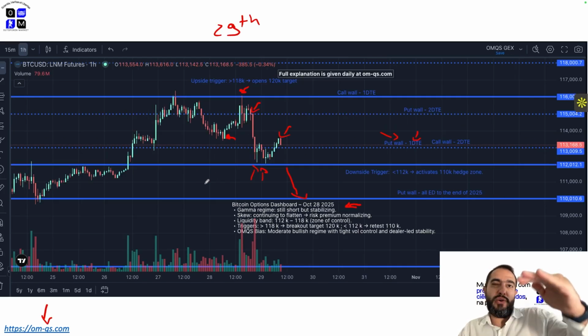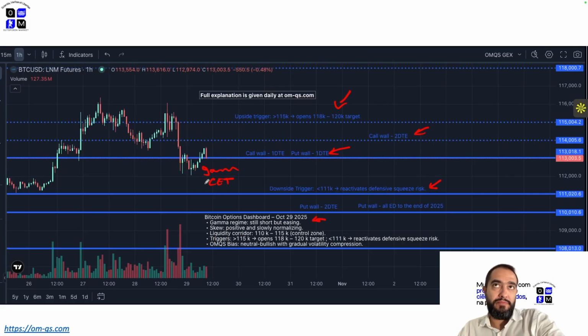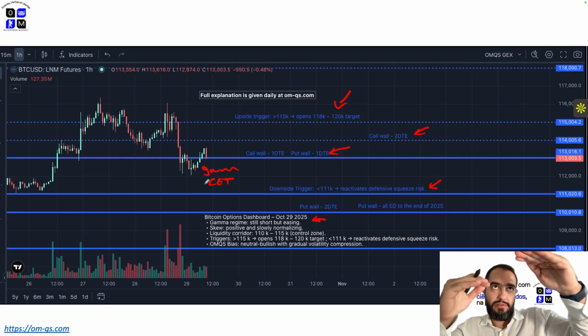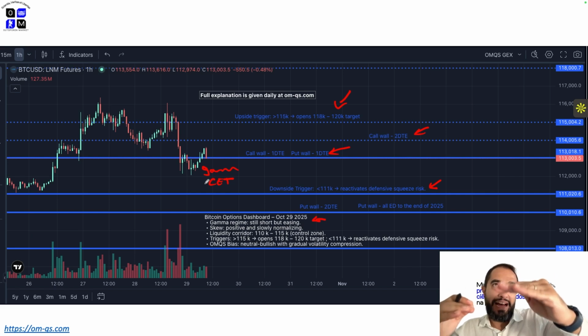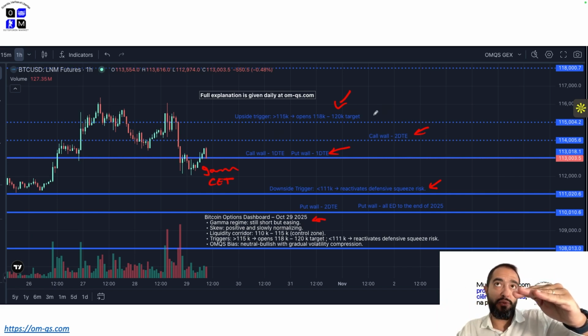So we are a little bit more bearish than we were the day before, because all the levels were brought down. Now the upside trigger that would make a run directly to the 118 level, it's 115.